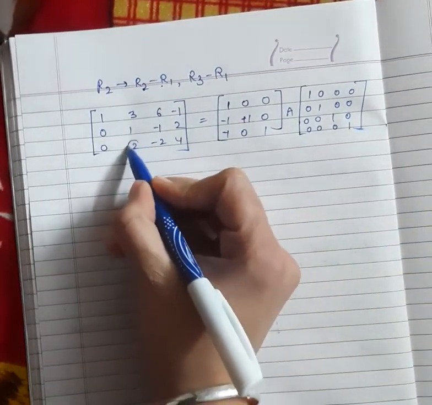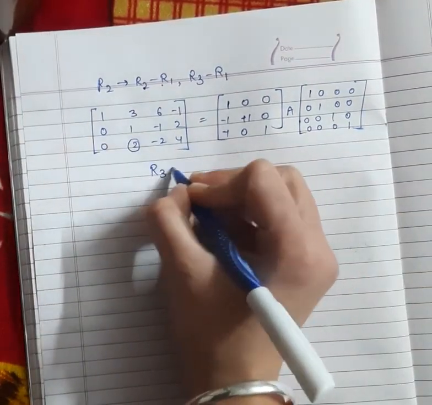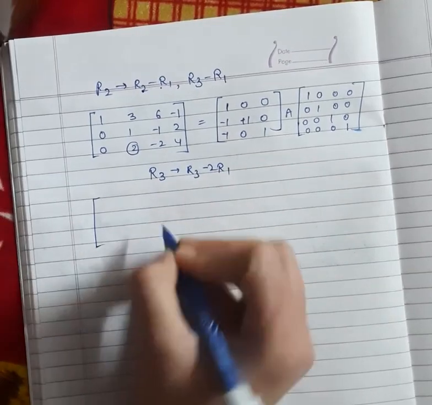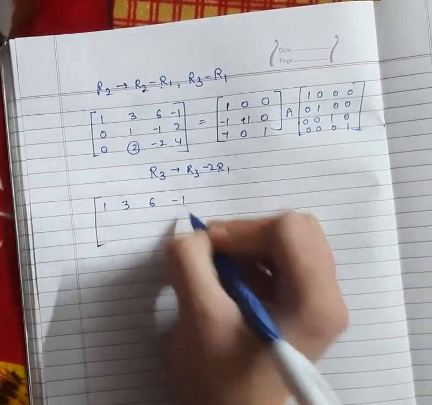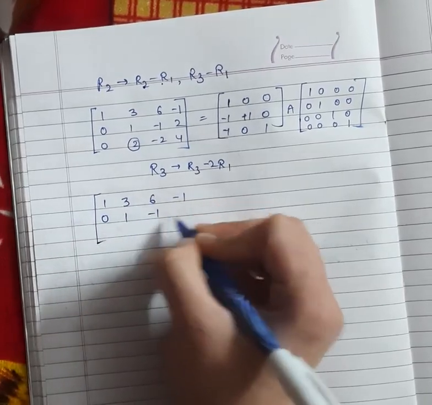Now the next target is to convert this 2 to 0. For that we will apply the operation R3 as R3 minus 2R1, which gives us 1 3 6 minus 1, 0 1 minus 1 2.